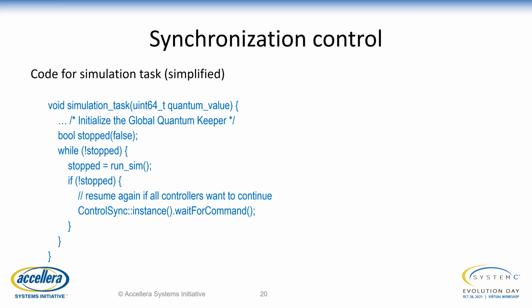So if we finished the run sim invocation, then we see whether or not we are stopped. And if we're not stopped, we are waiting for the commands from the debugger. So if all the controllers want to continue, then we enter the loop again.